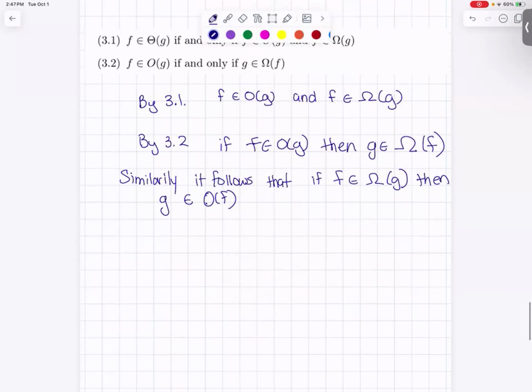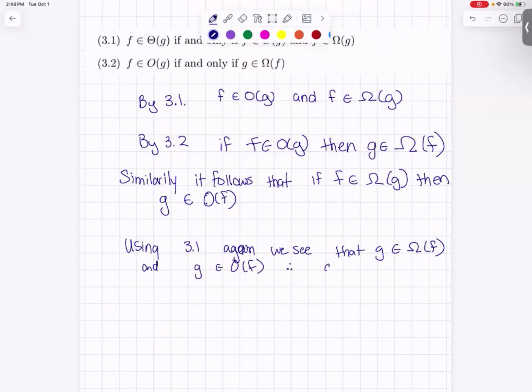Then once again, using 3.1, we see that g is in omega of f and g is in O of f. Therefore, g is in theta of f. I think I said theta before and I meant omega.